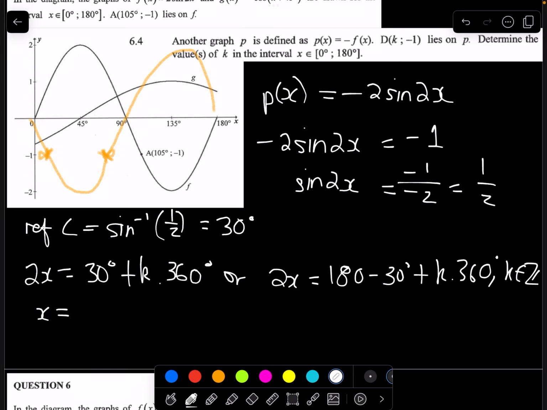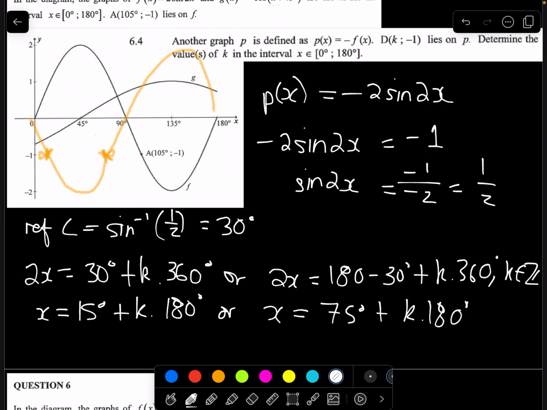So x is then equal to 15 degrees plus k 180, or x is equal to 180 minus 30 is 150, divided by 2 is 75, plus k 180, right?